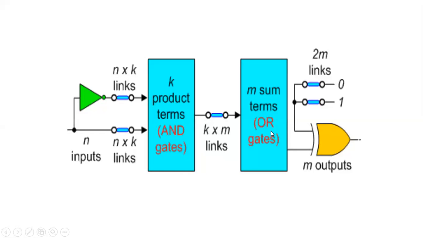After that, when we take this PLA, we are not taking our output only in the direct form. For example, if f1 and f2 are the output equations, it's not necessary to take f1 directly. You can take f1 directly or you can consider f1 bar also.